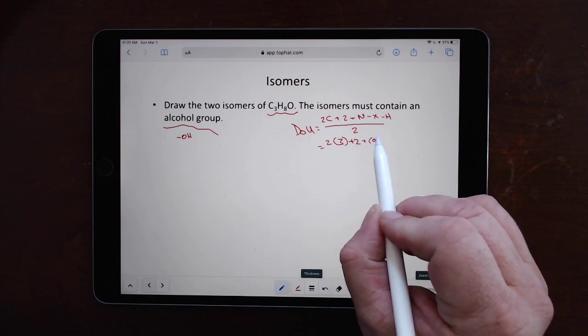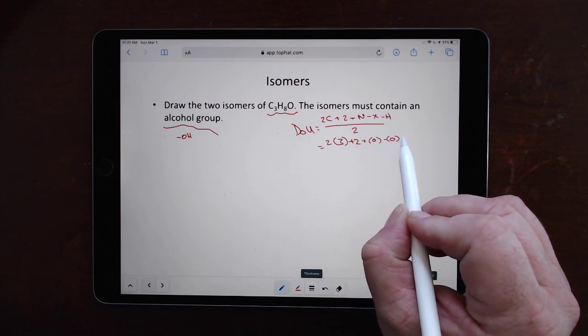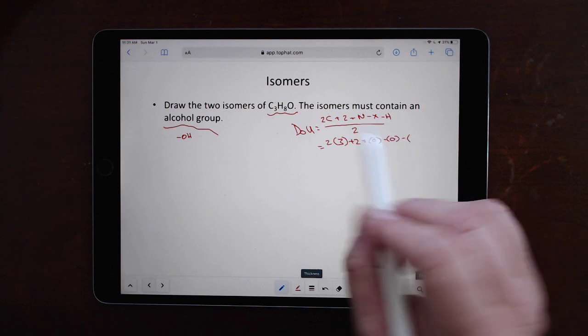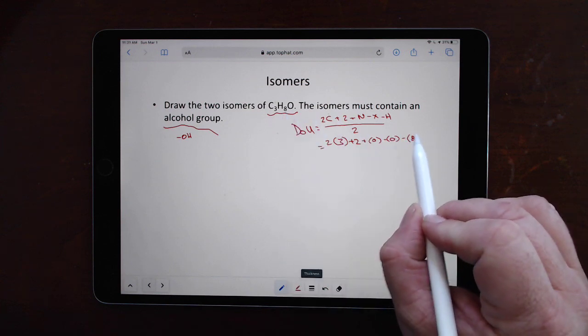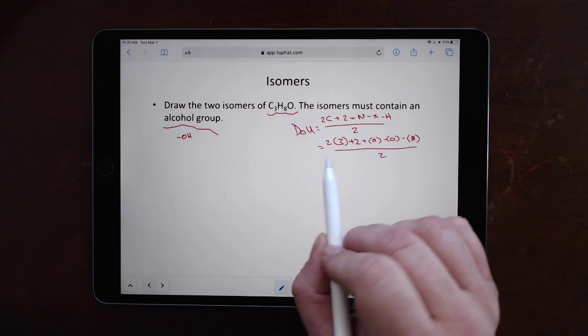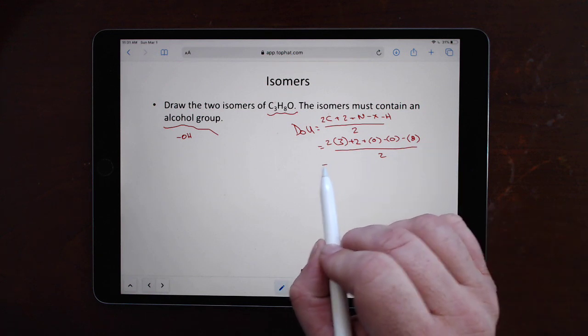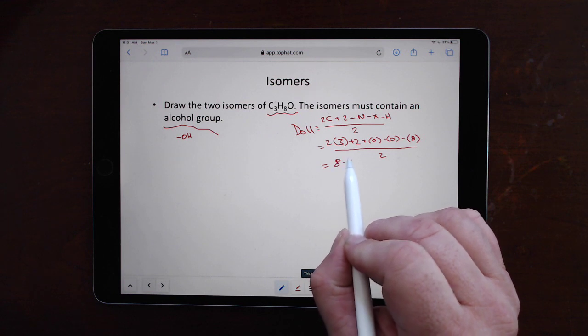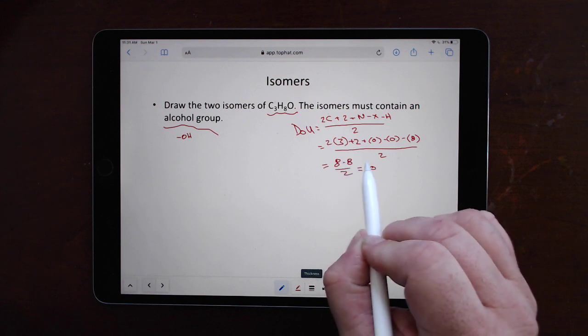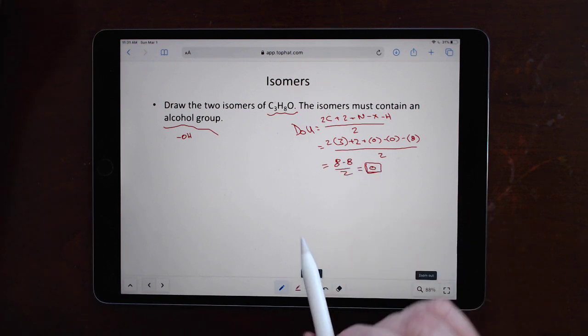There aren't any nitrogens, no halides, but there are 8 hydrogens, all divided by 2. So it's 8 minus 8 over 2, which is 0. So there are no rings and no double bonds.